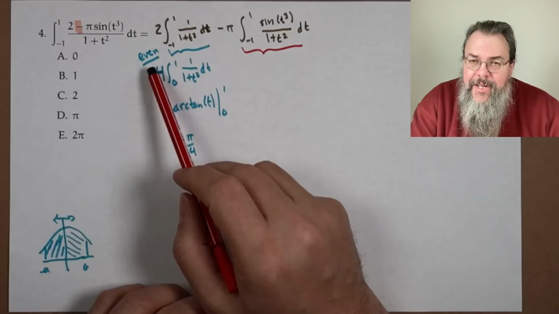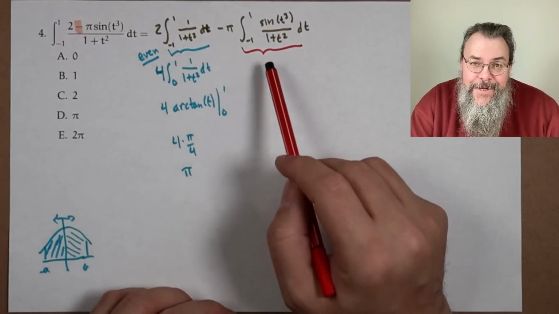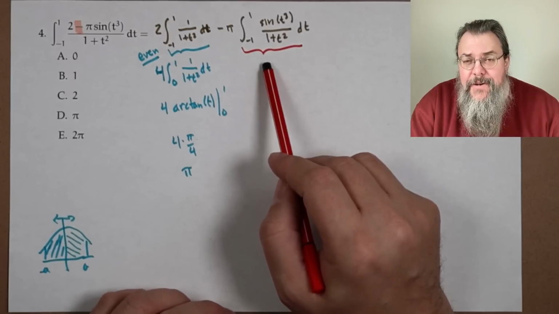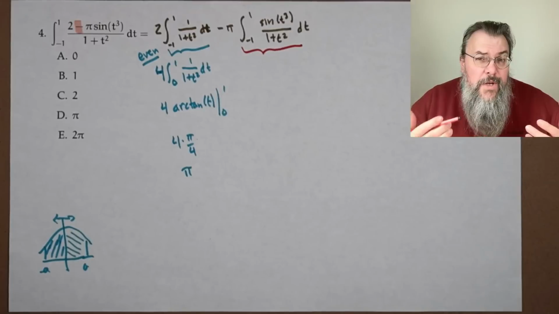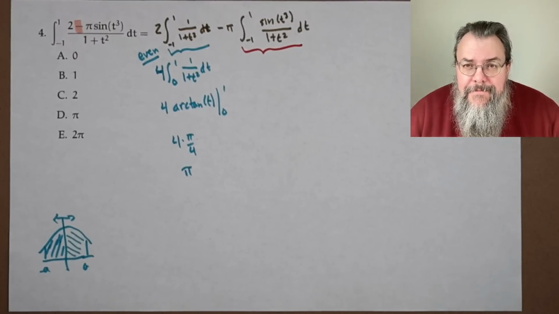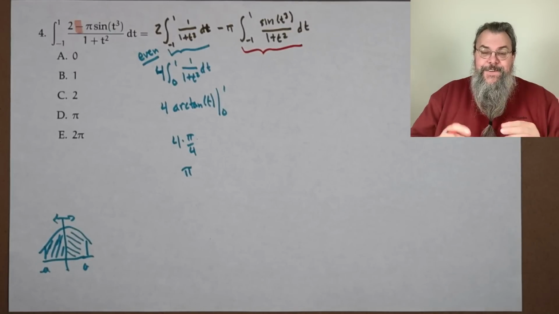Think about what we said here. This is an even function. What kind of function is this one? It's a very peculiar function, a very strange function, unusual, weird. Some people might even call this function odd. It's an odd function.